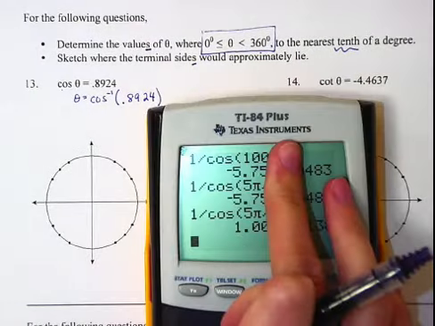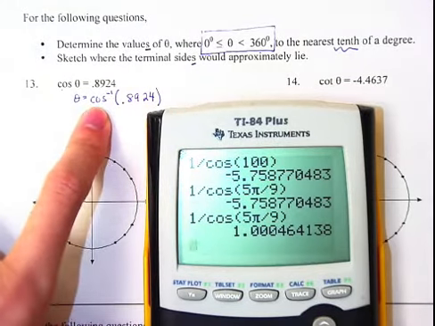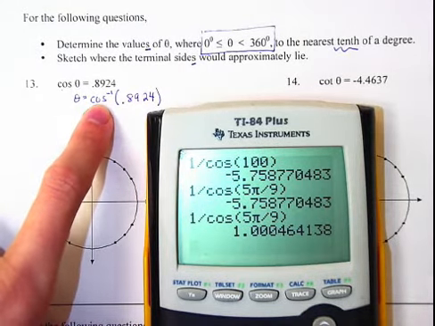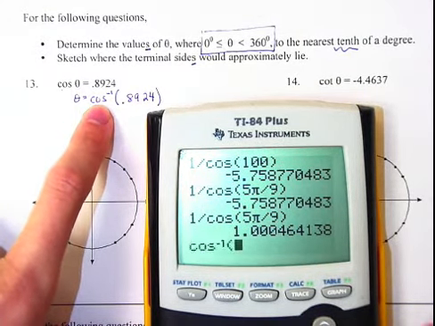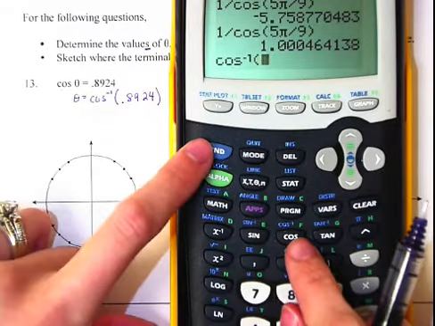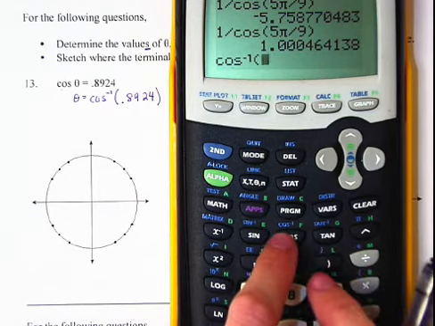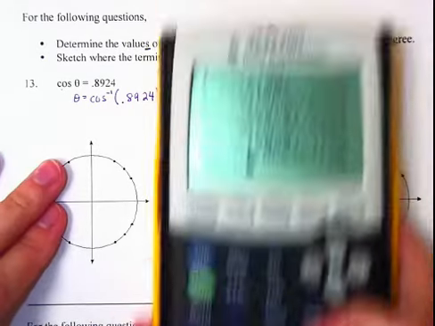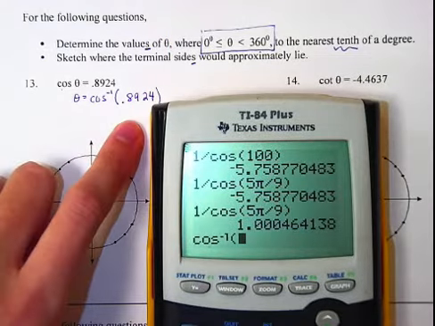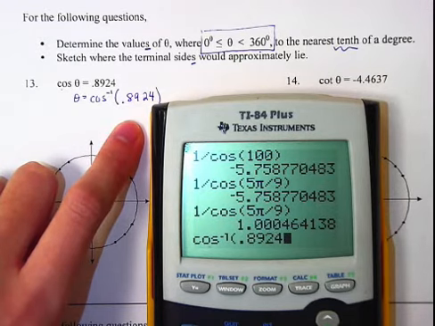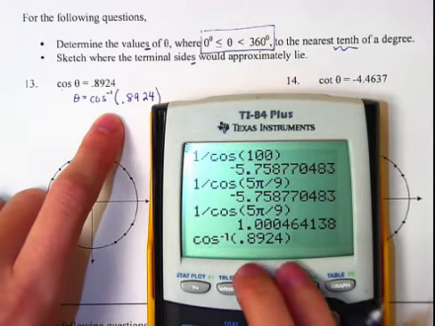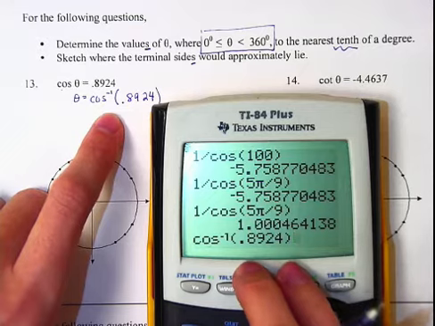Yes, I can, because I have a function that gets me to cosine inverse, second cosine. Notice how cosine has cosine inverse written right above it. Cosine inverse of 0.8924. It looks exactly like what's on my paper, so I know I'm doing something correctly.